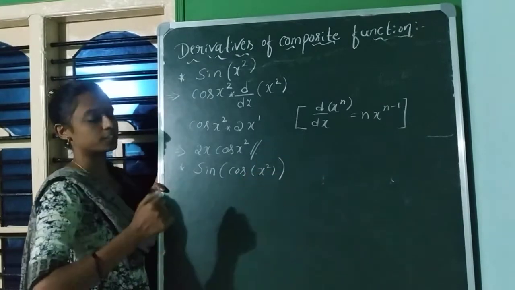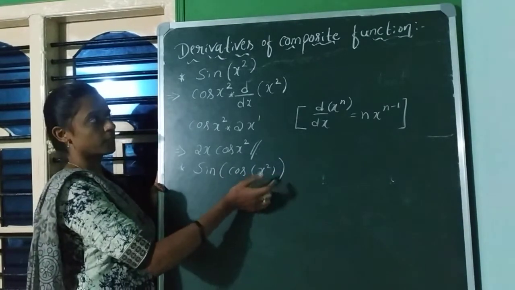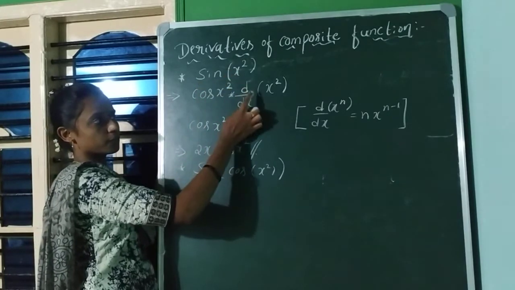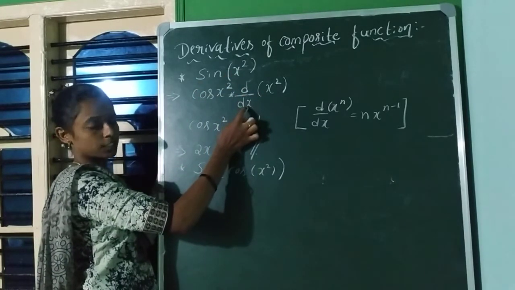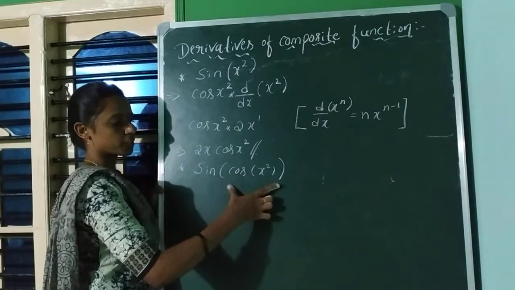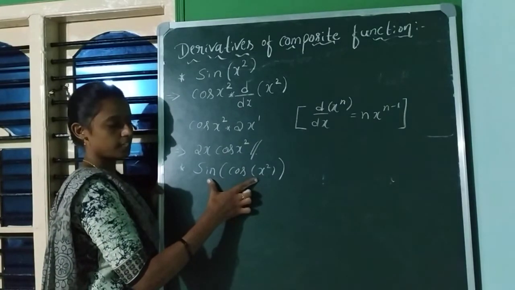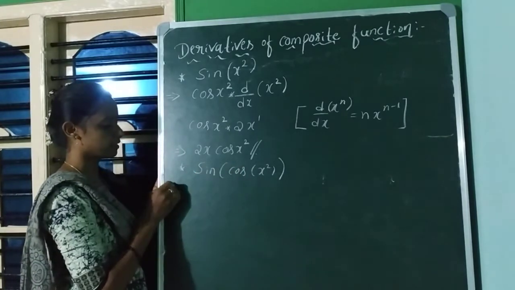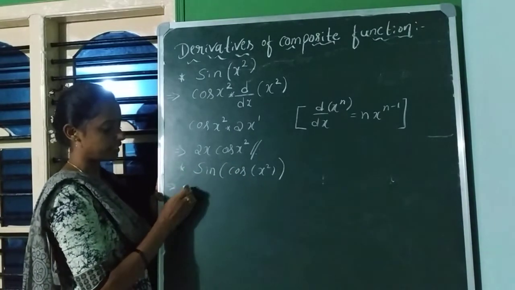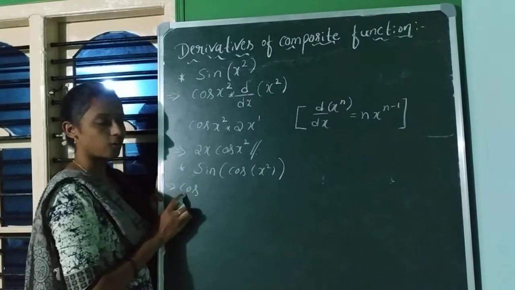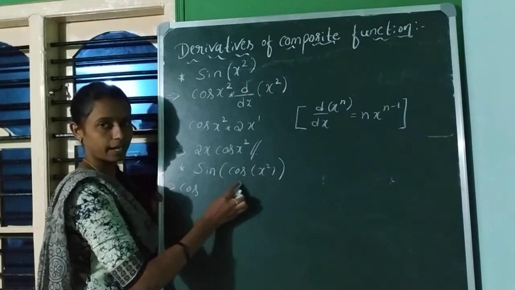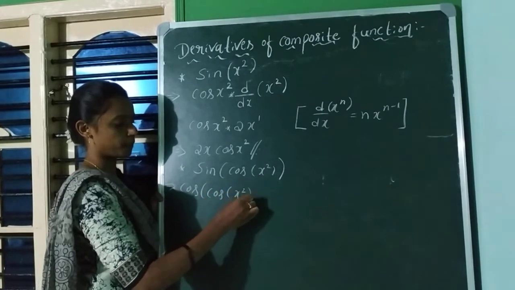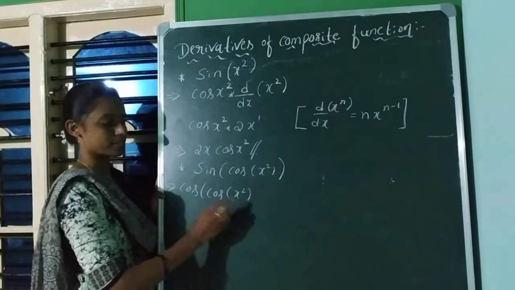Again you need to differentiate x square. So if it is a combination of 2, then you need to differentiate the inner function once. If the composite function is a combination of 3, then you need to differentiate twice. Okay. So here the derivative of sine is cos. For a cos function, you need to write within brackets cos x square. Okay. One step is finished.